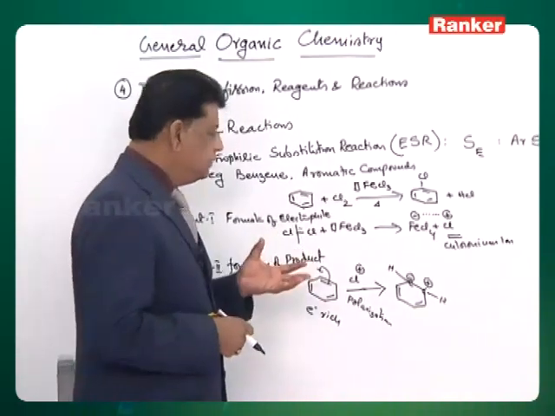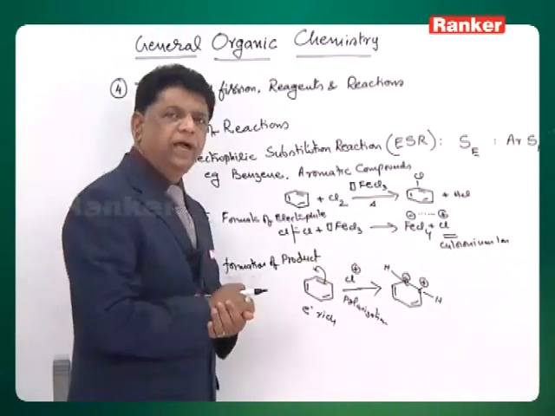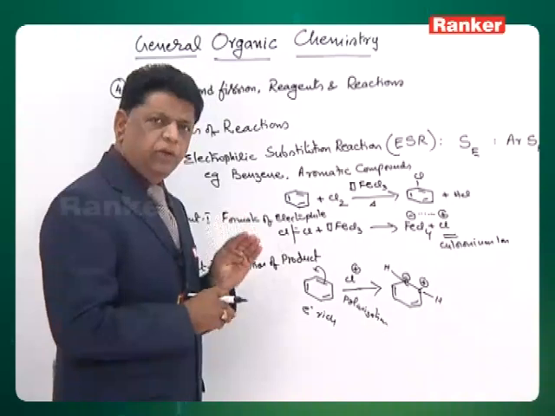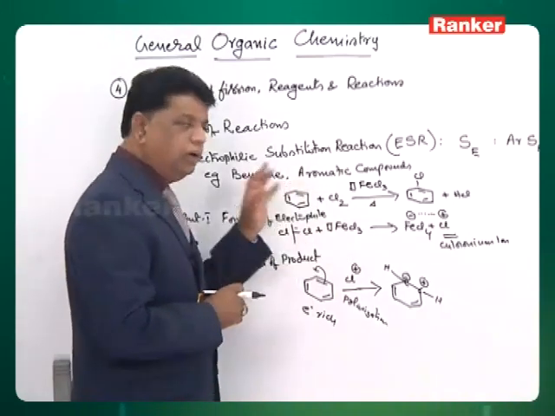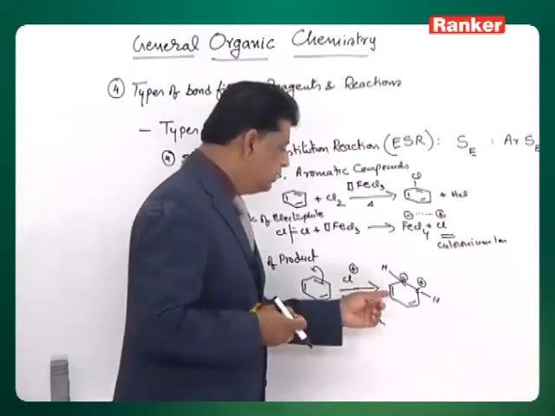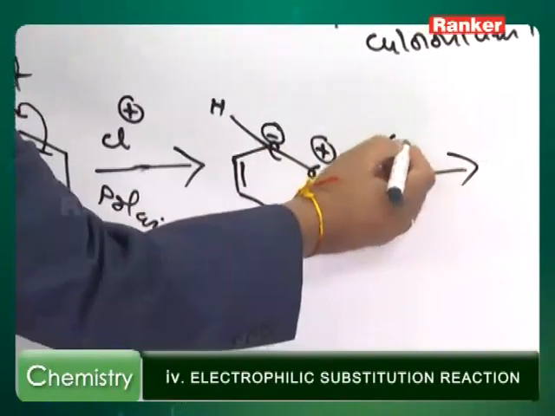Polarization may occur, but not totally into plus and minus. This is in fact unstable, but it takes place when the chlorine comes very, very close. Only Cl plus attacks, the pi bond opens and undergoes some destabilization, and during that process the Cl plus attacks.